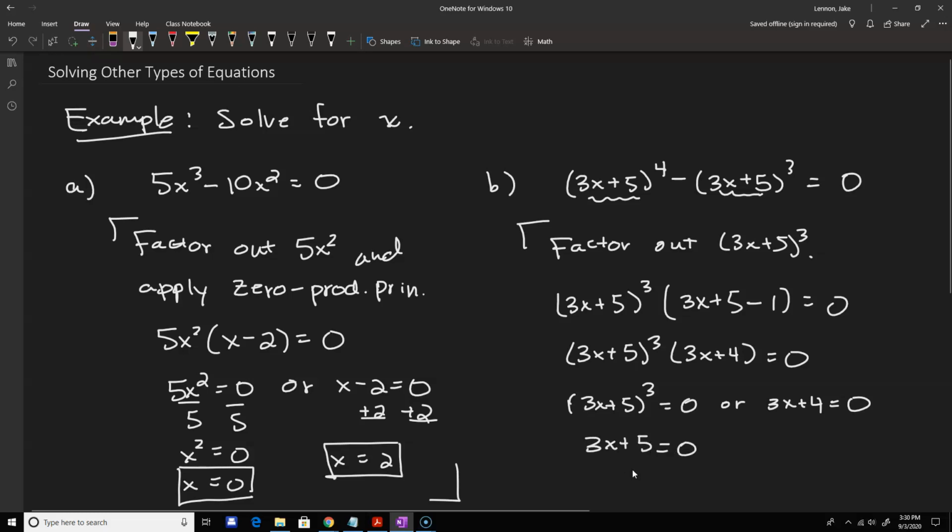And to solve this, we subtract 5 and divide by 3. So this gives x equals minus 5 over 3. That's one of the solutions. And the other solution, we want to subtract 4 and divide by 3. So we end up with x equals minus 4 over 3. So those are the two solutions to this problem.